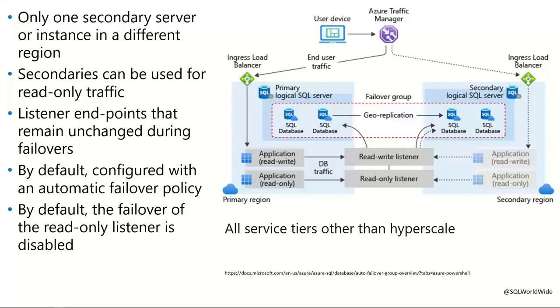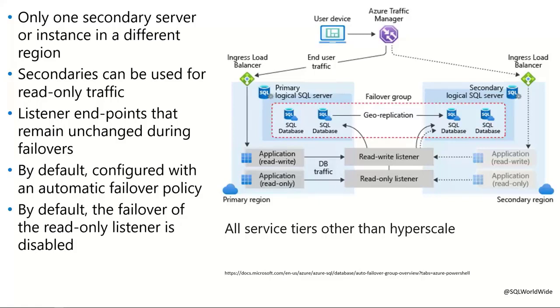Now, with the active geo replication that I showed you before, you can have up to four secondaries in different regions or within a region. But if you want to set up an auto-failover group, you do not have that option. You can only have one secondary, and it has to be in a different region.